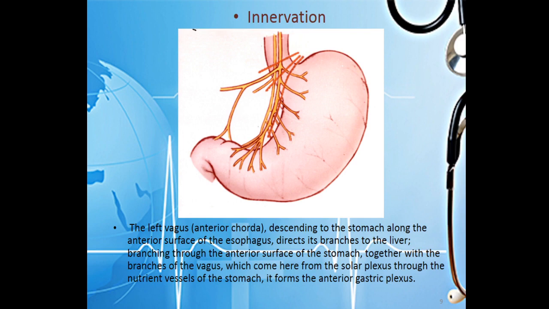So it's a mixed nerve, trophic and contractive. It's very important for understanding the function of the stomach and its nutrition. It's important for us when we talk about vagotomy as one of the operations for ulcer disease of the stomach.